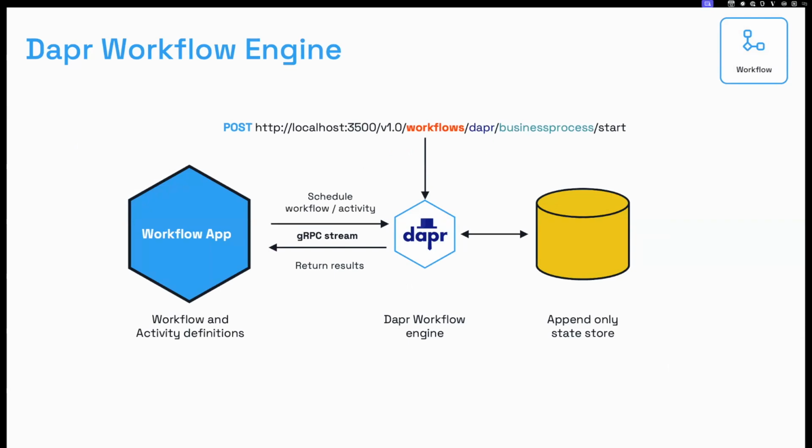To start them, to poll them and get their status, to resume or pause a workflow. And the Dapr sidecar is going to be facilitating the storage of all of the work item logs that are coming in, so that your workflow app is receiving these work item streams from the Dapr sidecar. So the workflow engine is embedded directly into that sidecar.